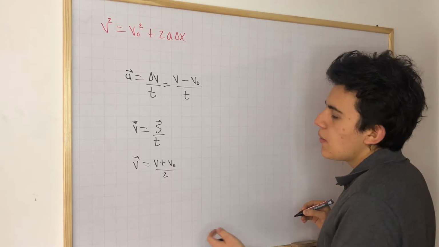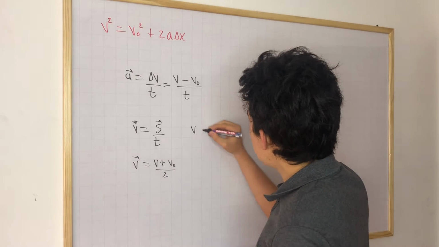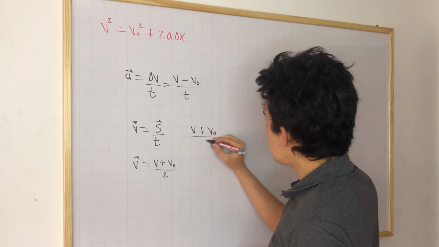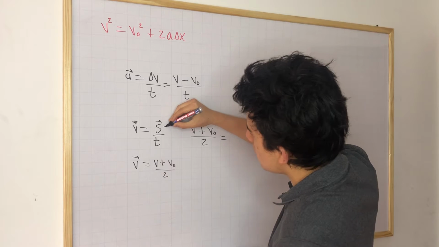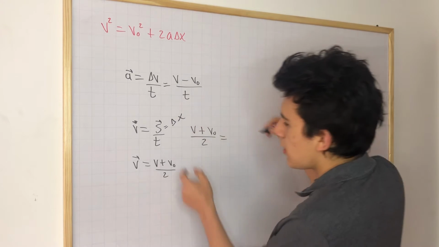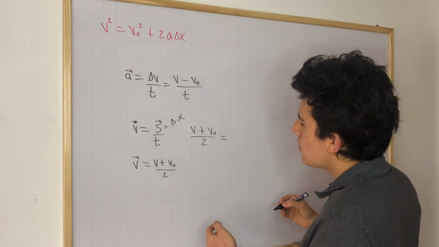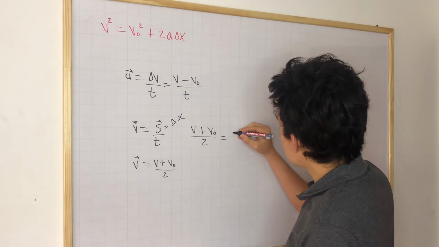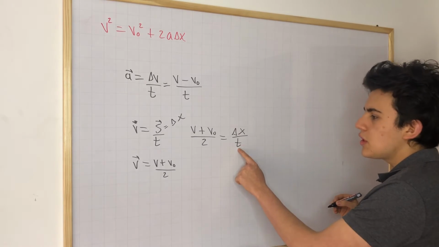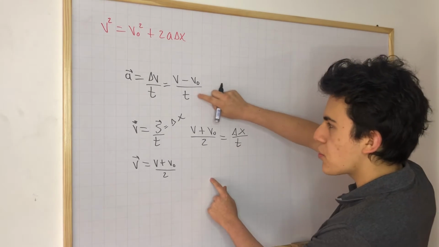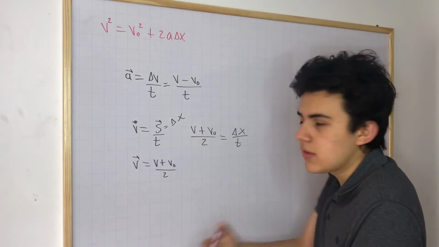From these two equations, we can say that v plus v naught divided by 2 is equal to the change in x over t. I'm going to write it as change in x because it looks clearer. Now we just need to find t.